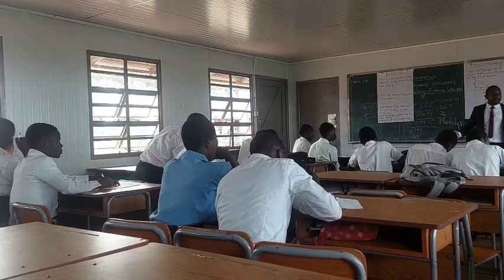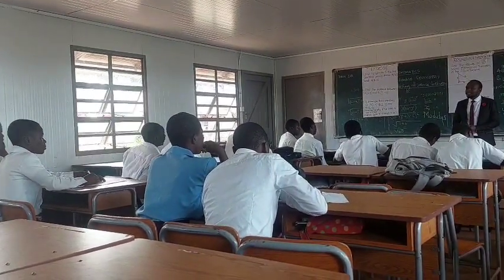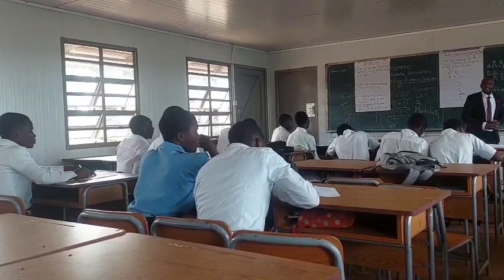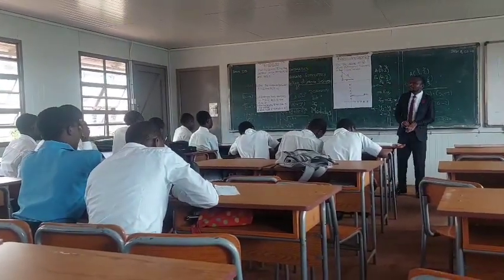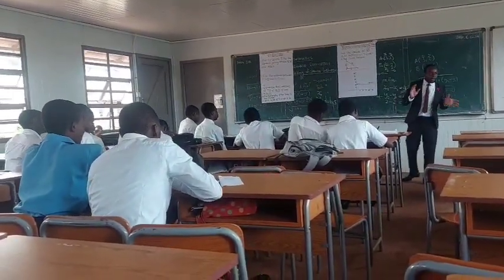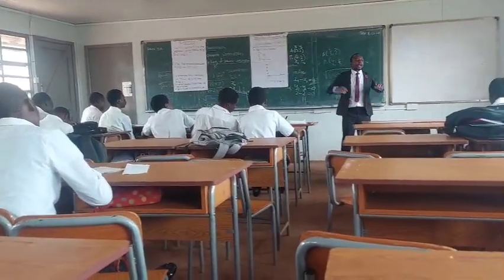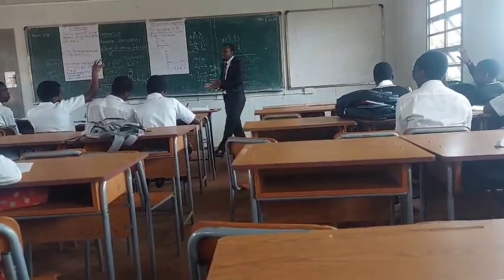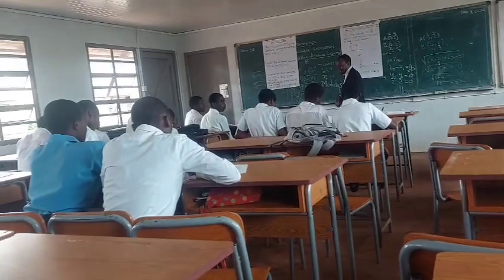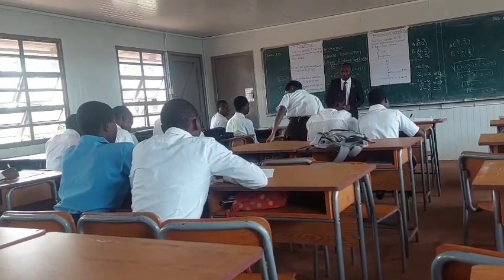Is she saying the truth? Is he right? Thank you so much. You have tried, but you are not correct. Hey, who can say the distance formula? Tamanda Rukoma. Yes.